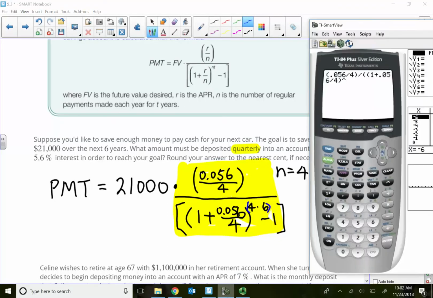So the 4 times 6, close the blue parenthesis, minus 1, then close the bracket. So that will be 0.035 something. Now times the $21,000. There we go. My answer, $742.27. So this is a quarterly payment.